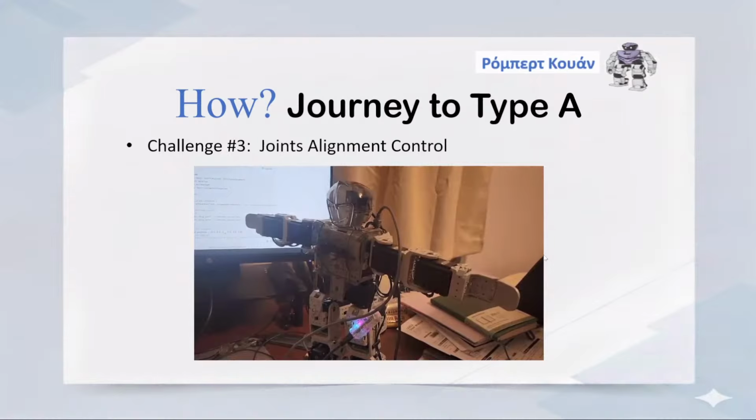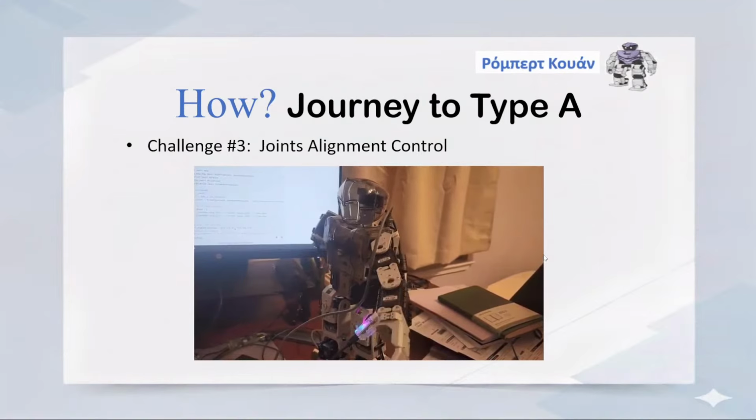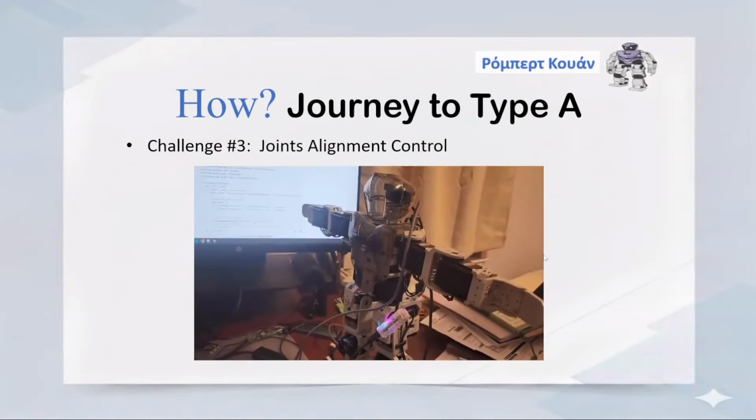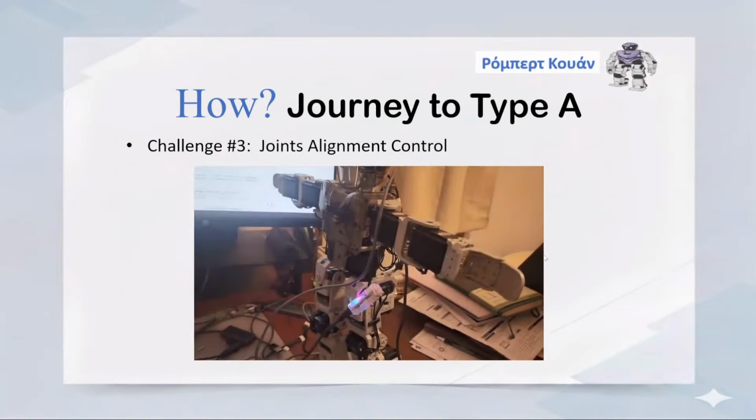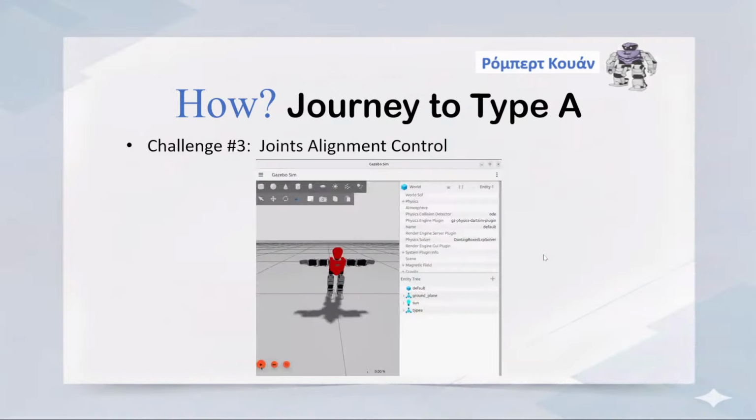Even though it was working, the arms are twisting in the opposite direction, which is not my original intention. They are supposed to go in the same direction. And here is the Gazebo simulator, which shows the same issue.